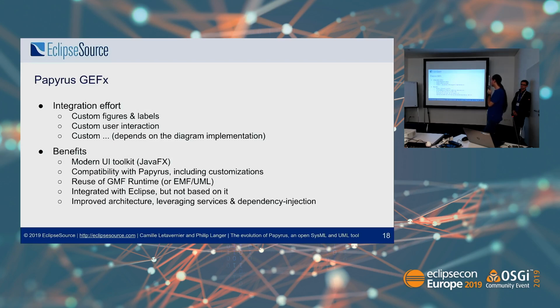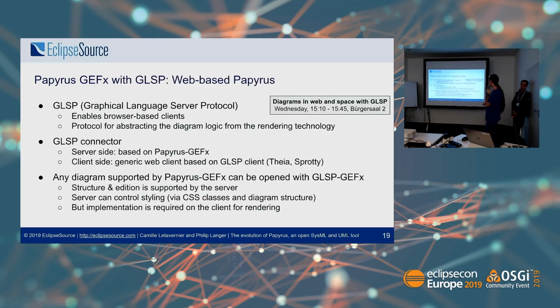We reused GMF runtime, but not GMF diagram UI. So we still reuse most of the services that are currently used in Papyrus and on which Papyrus is based. And I will again skip the last parts.